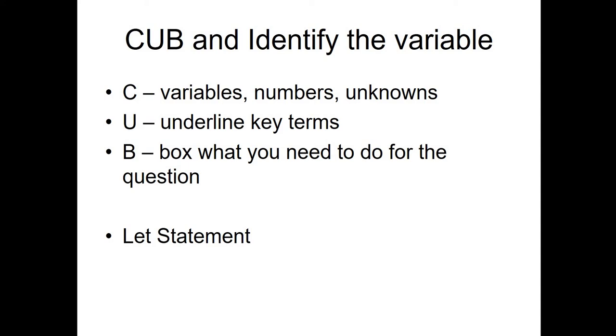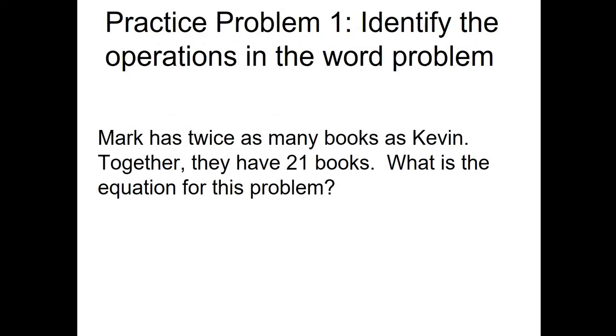So C is you're gonna circle variables, numbers, and unknowns. U, you're gonna underline key terms, and B, you're gonna box what you need to do for the question. And you're also gonna have a let statement. What do I mean? Identify the operations in the word problem, but we're also going to do CUB and let.